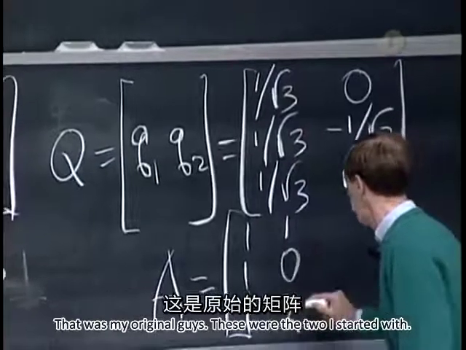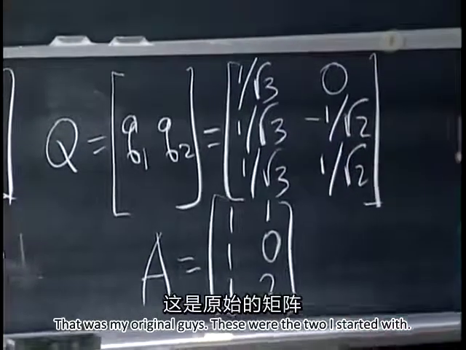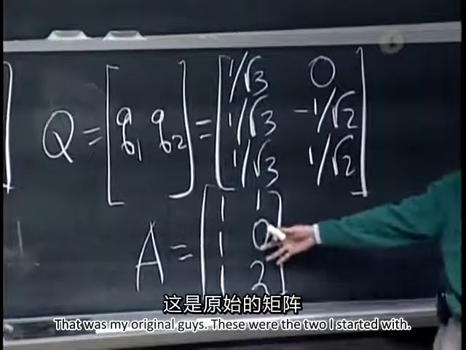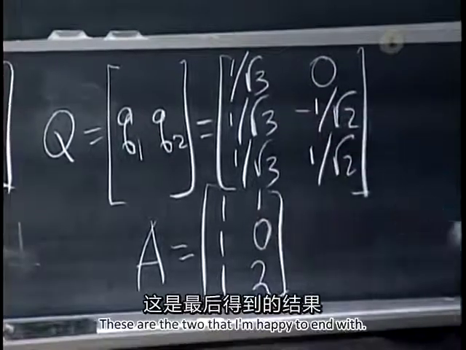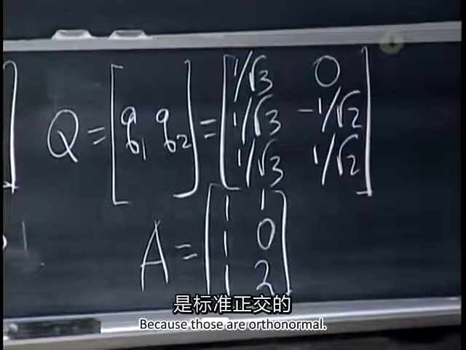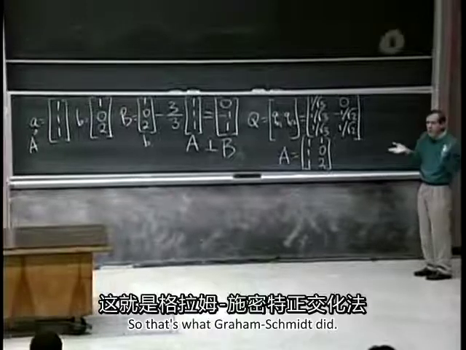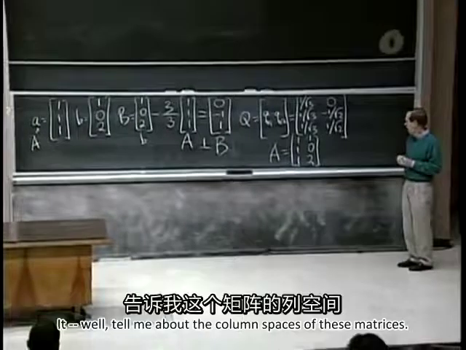That was my original, guys. These were the 2 I started with. These are the 2 that I'm happy to end with, because those are orthonormal. So that's what Gram-Schmidt did.